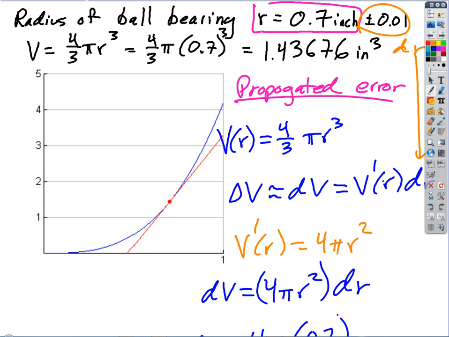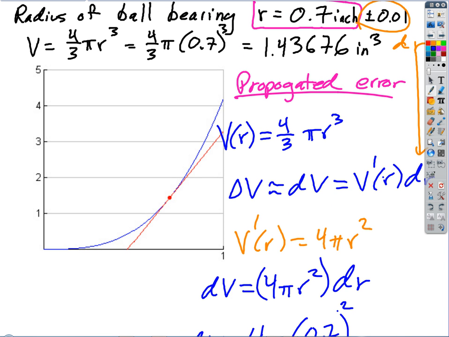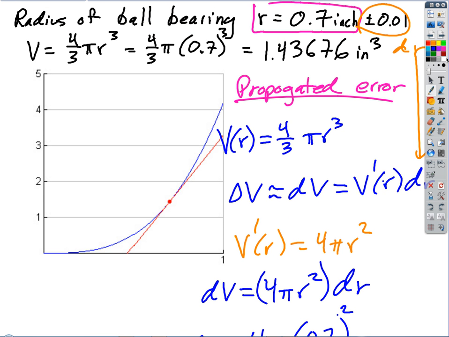And so volumes would be in what units? Cubic inches, or inches cubed. So 0.7 squared times dr. Now, what about the dr? It says plus or minus 0.01. Well, the change is the same in the line, isn't it?